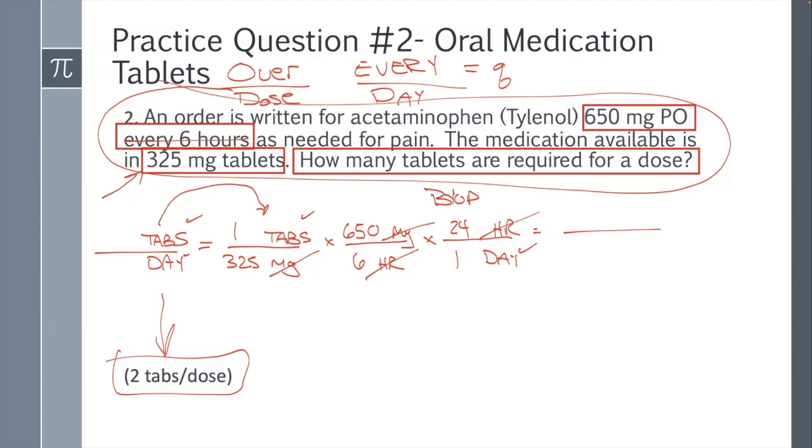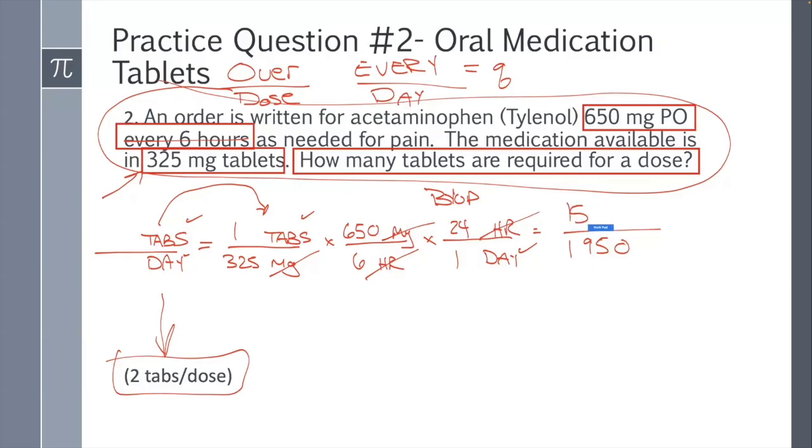I have 325 times 6. Get out my trusty calculator. And that gives me 1,950. I clear my calculator and I multiply my top numbers. The reason why I do that is 90% of the time, your numbers on the top are going to be large. I want to make sure that my calculator is working with me and not against me.